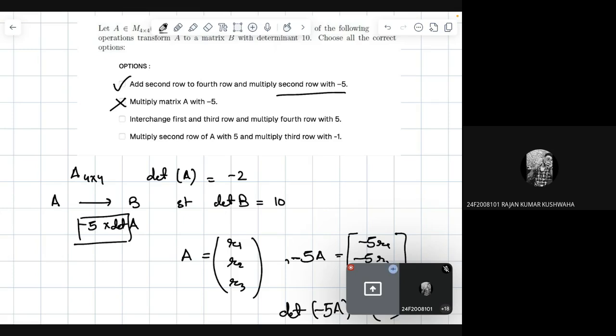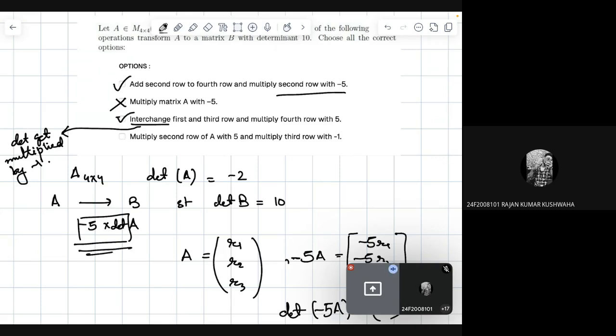When you interchange, the determinant gets multiplied by -1. So interchange results in multiplication of -1 with the determinant, and multiply fourth row with 5. So ultimately we are multiplying determinant of A with -5, and so the third option is correct.